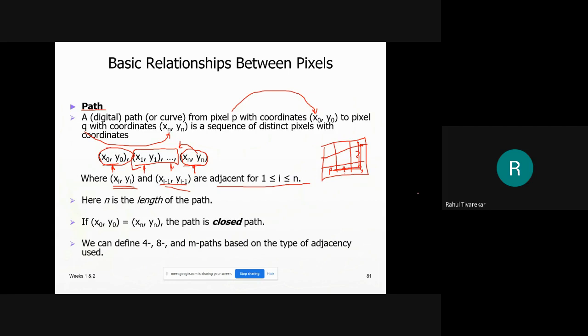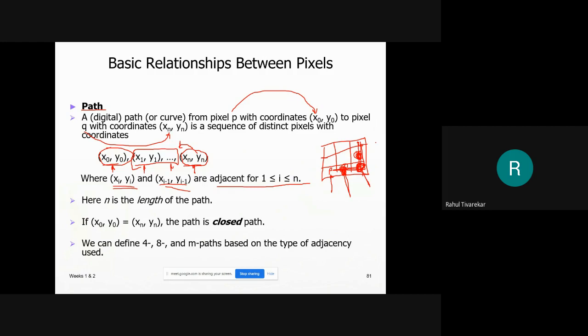So when can I say this is a path? This is a path only if, when I talk about this pixel, this pixel will be adjacent to that, as well as this pixel will be adjacent to that. Then when I talk about this pixel, the pixel here and the pixel here should be adjacent to that.